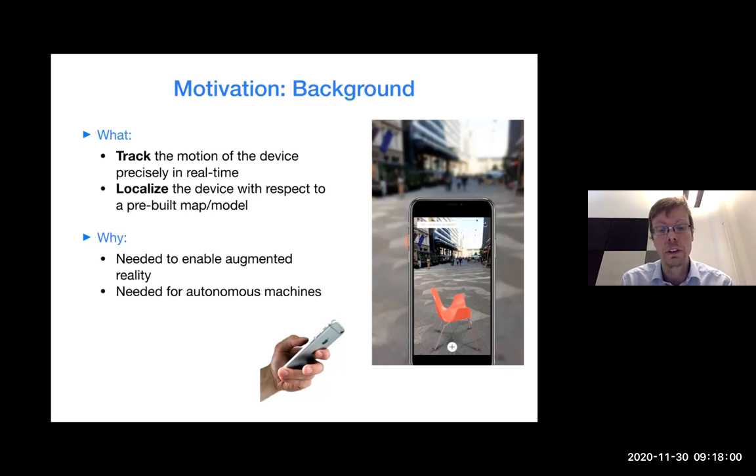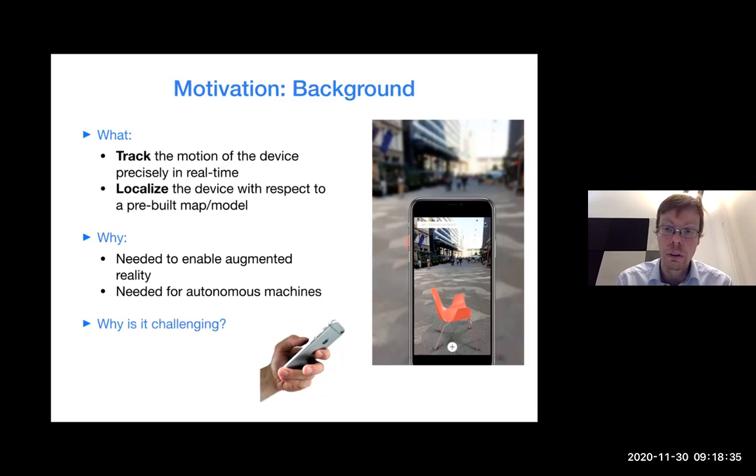Another application for these kind of techniques are autonomous machines. So for example, we could have some autonomous robots deployed to some manufacturing site or some indoor environment, and the ego-motion estimation and localization of these machines could be relevant also. Then the question is, why study these problems?